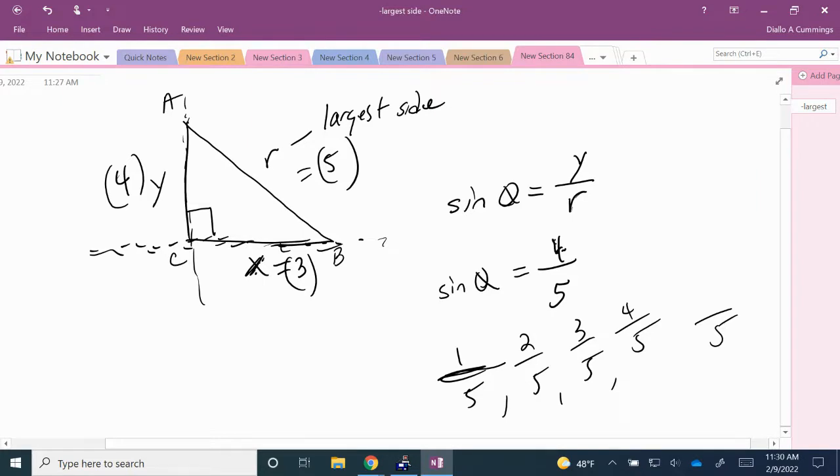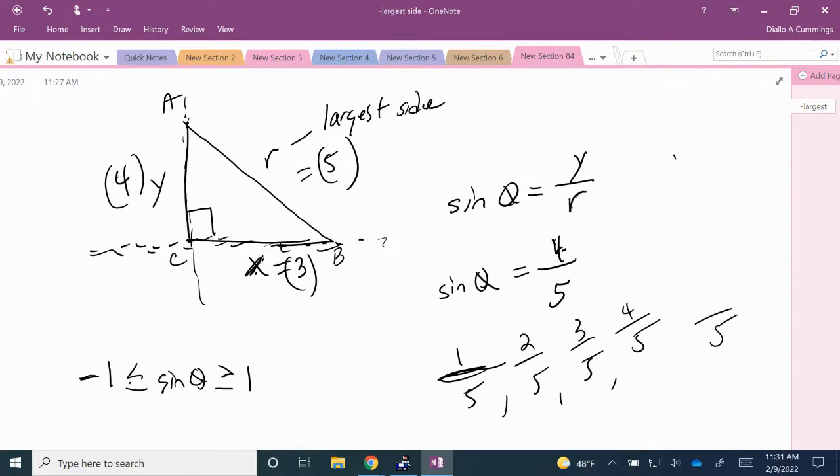All right, so the sine value, I'm going to actually write this out over here. So the sine value is actually between -1 and positive 1.